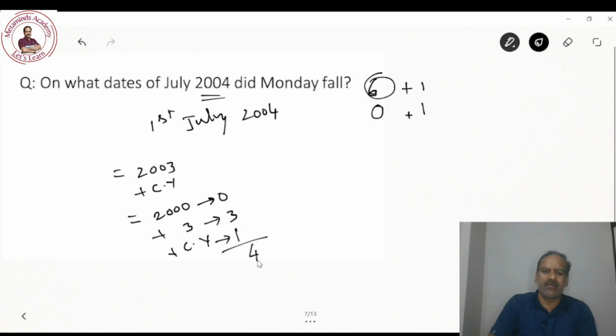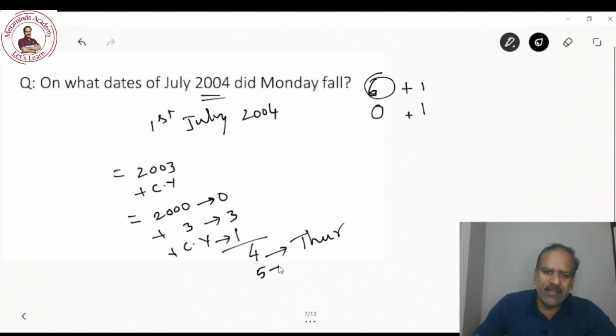Totally 4 odd days are there. 4 is equal to Thursday, 4th, then 5th will be Friday, 6th is Saturday, 7th will be Sunday, 8th will be Monday.